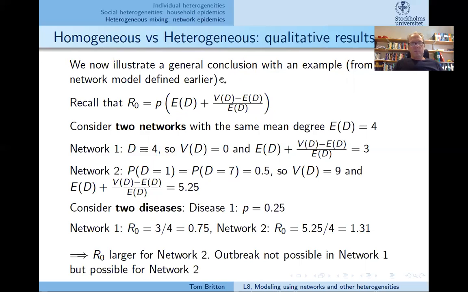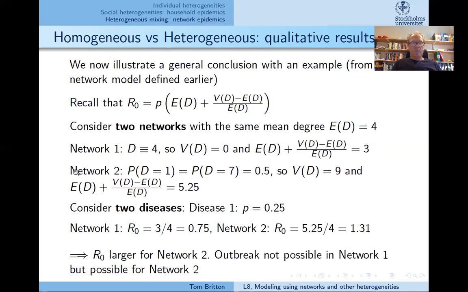So let me illustrate this with an academic example, not claiming to be realistic at all, but consider two types of networks. Both networks have the same mean degree 4. In network 1, all individuals have degree 4, so there is no variance at all in the degree distribution. And this expression here, which is contained in the expression for R0, equals 3.